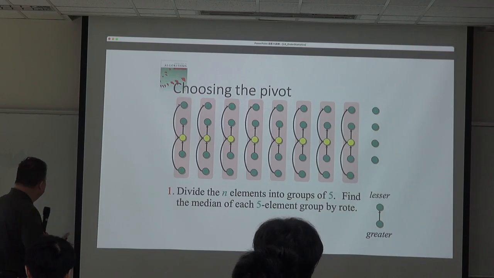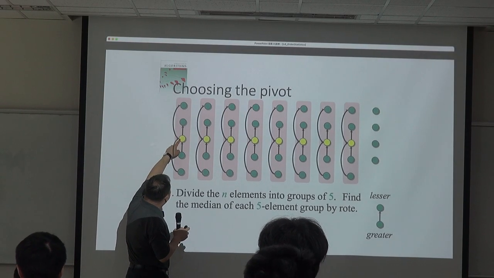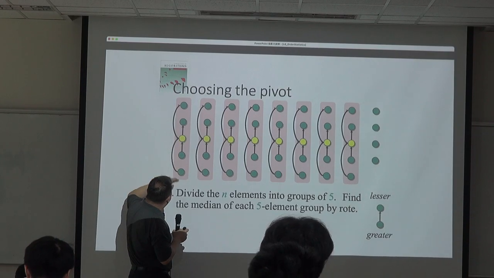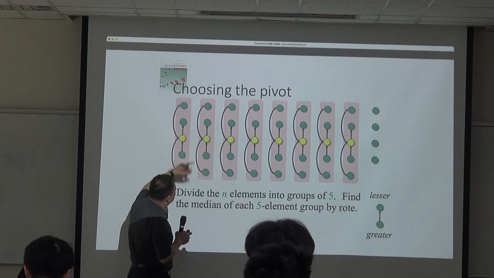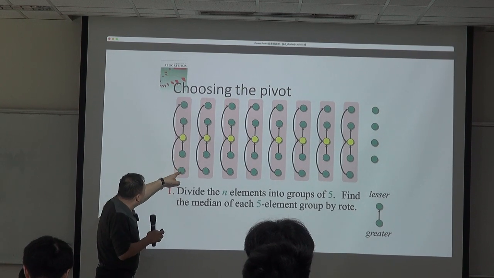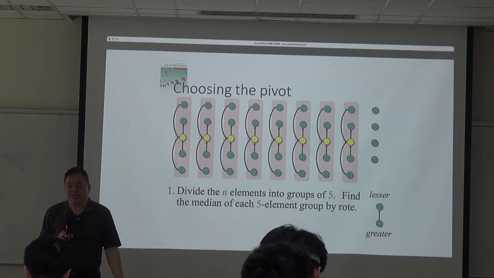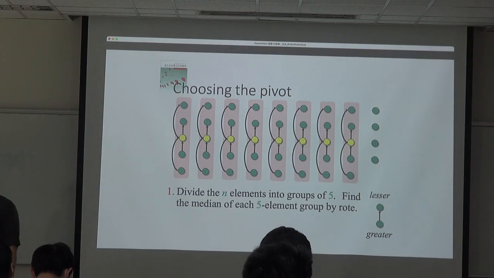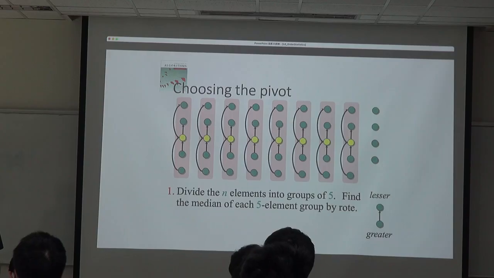So for example, say this yellow element indicates the median of these 5 elements. And this arrow just means that these 2 elements are bigger than this element, and the top 2 elements are smaller than the yellow element. Their order is not important. In fact, you don't even need to sort these 5 numbers.